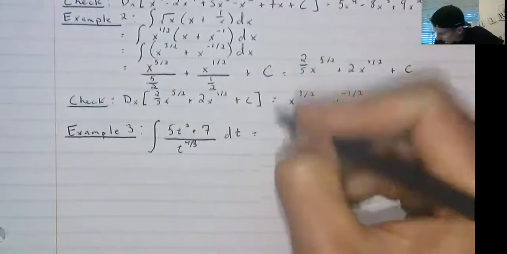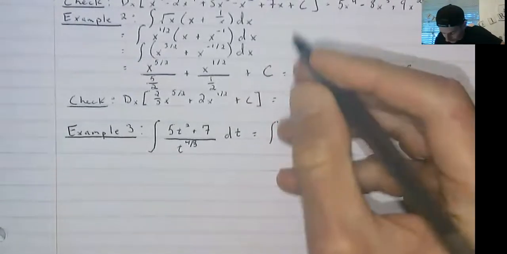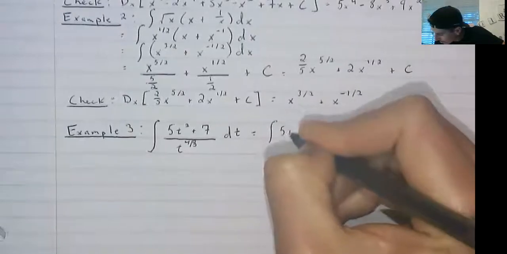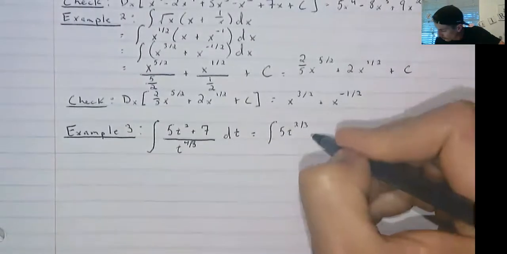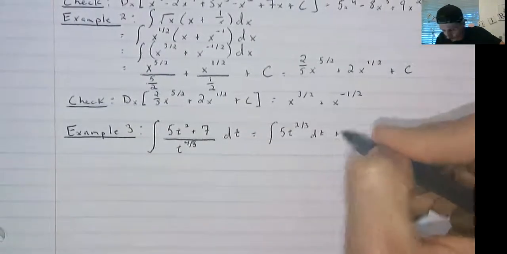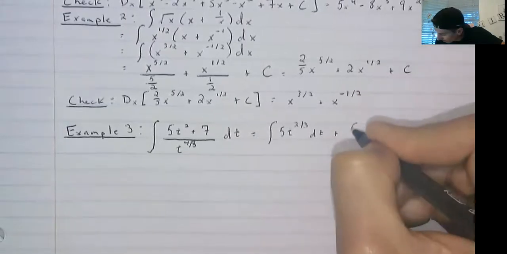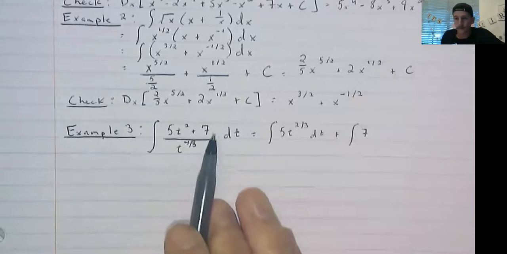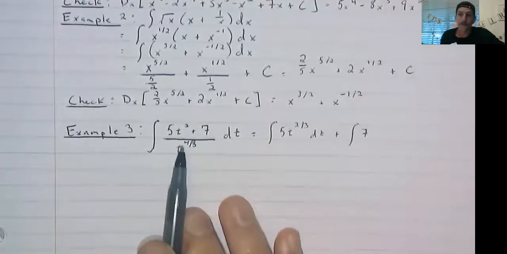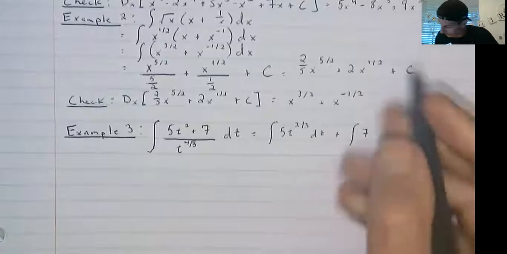And so this becomes 5t to the 2/3. 2 minus 4/3 is 2/3, dt, plus the antiderivative of 7. Here there's no t, so this just becomes 7t to the -4/3.